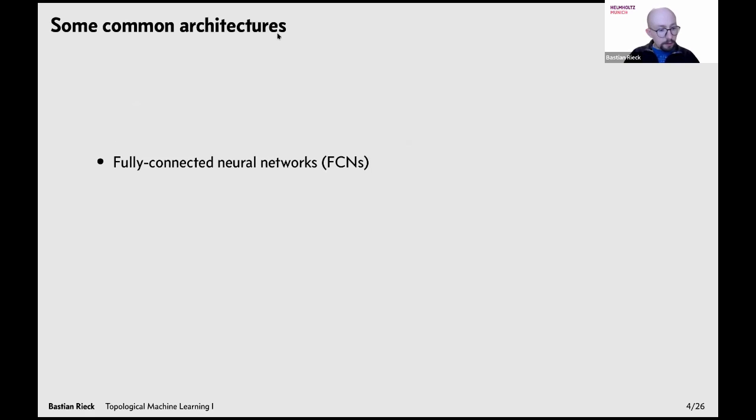Now, what you will also find when you do some deep learning is you will find that there are some common architectures that people often talk about. One is the so-called fully connected neural networks. These are in a way the precursors to the current neural networks. So every neuron in this neural network is connected to every other neuron. There's convolutional neural networks, of course, which use small scale feature maps to work over images.